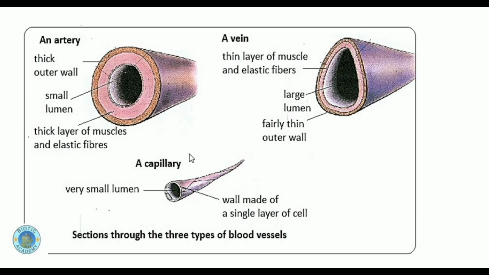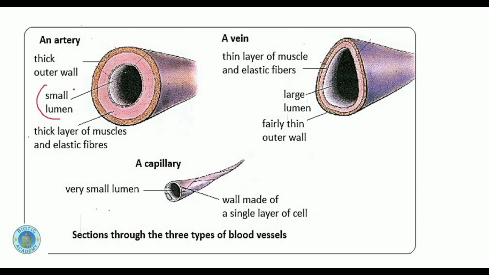Now if we talk about the structure of the artery, we can see that it is a thick muscular tube which has a thick outer wall, and then after the thick outer wall, the second layer of muscle and elastic fibers is also very thick. Due to this thickness of the muscles, the lumen of the artery is small.